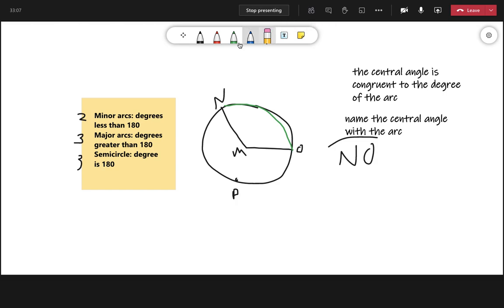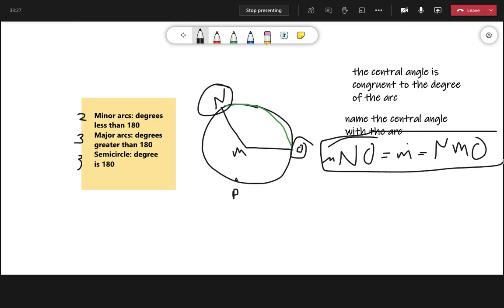We're just looking at NO. So the central angle's two endpoints are going to be the endpoints of the arc. And the vertex is the center of the circle. So it's going to be N, M, O. That is our answer.